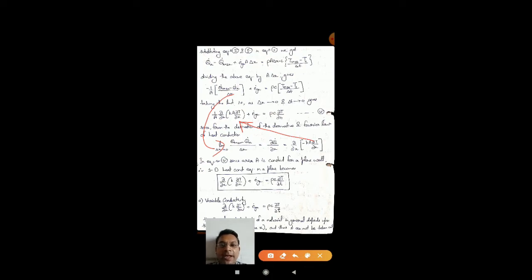Here it is written that limit delta x tends to 0, q at x plus delta x into delta x is equal to del q by del x, and the value of q I have written as minus kA del T by del x, the Fourier equation which I have taught you earlier. Substituting this, the equation comes out to be this. Equation 4 is the final equation, and you must remember this as it will come again and again.